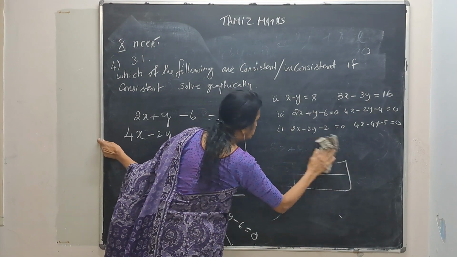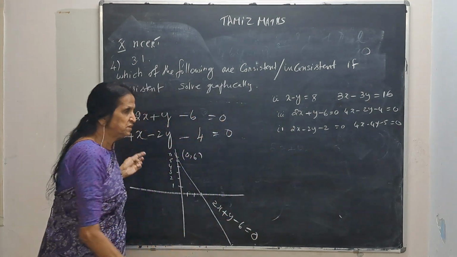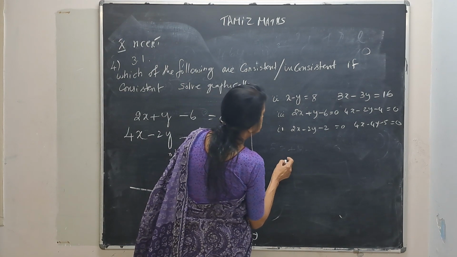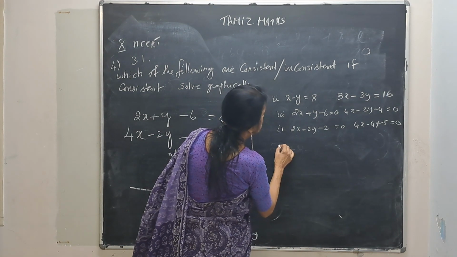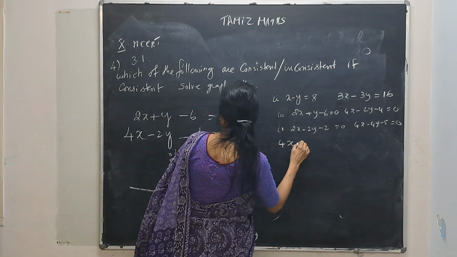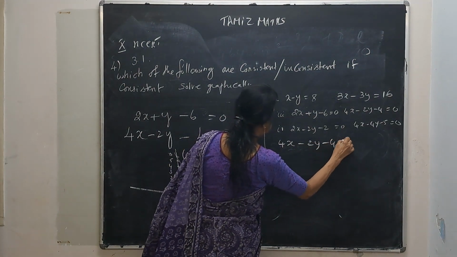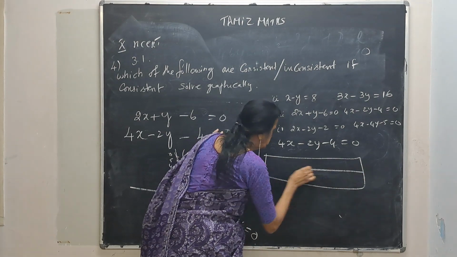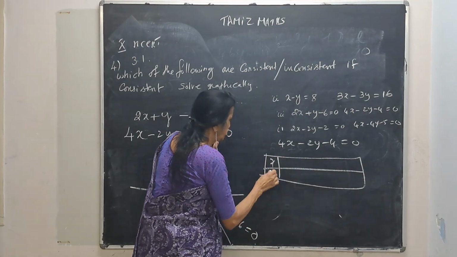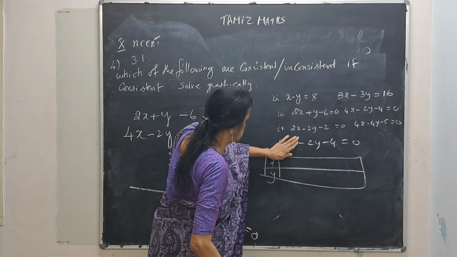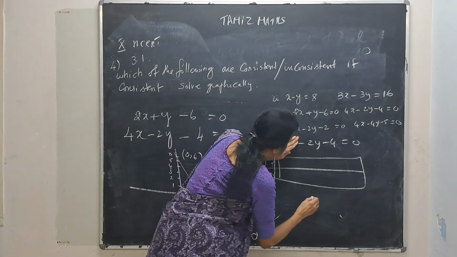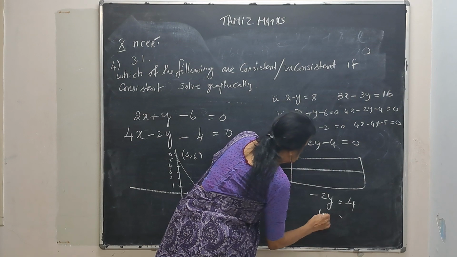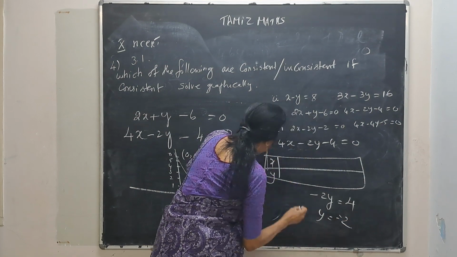Line 2: 4x minus 2y minus 4 is 0. When x is 0, minus 2y is equal to 4, so y is equal to minus 2.